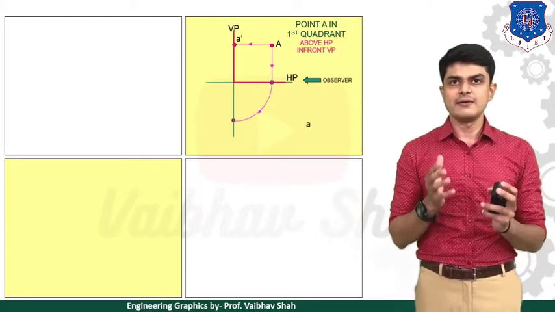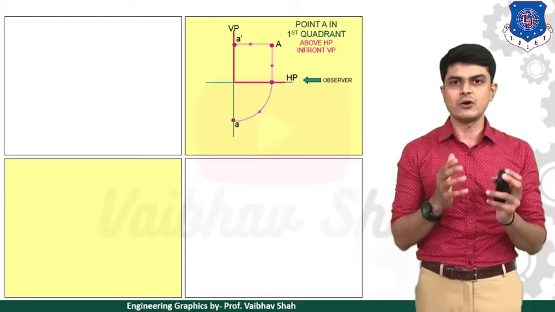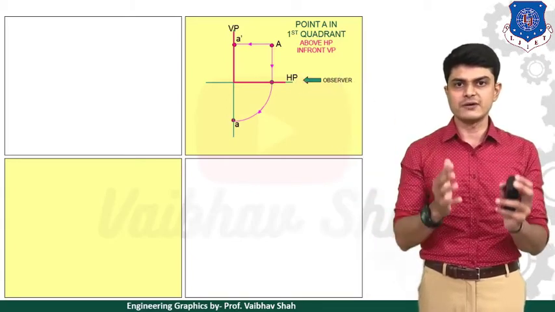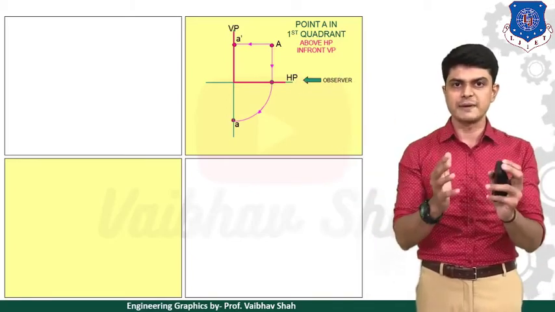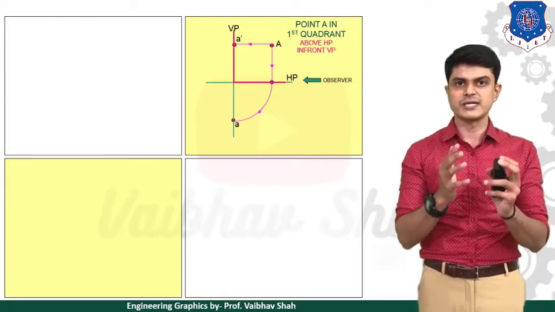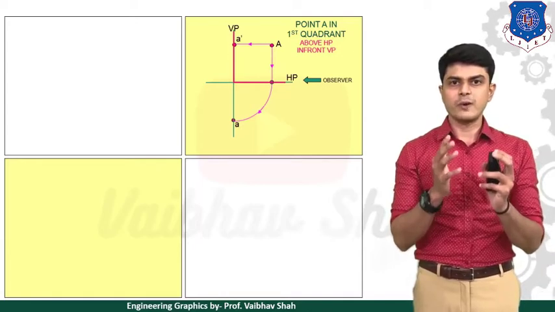So now your point A would be lying on the vertical line in the place of the horizontal line. We have fixed the vertical plane and revolved the horizontal plane around it in the clockwise direction.